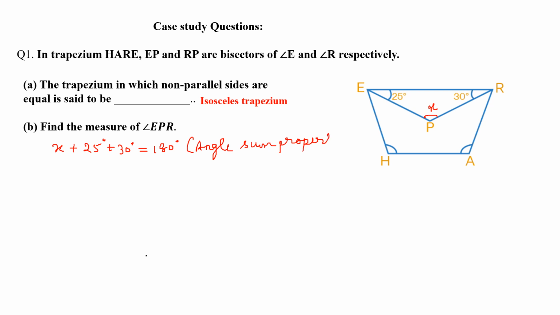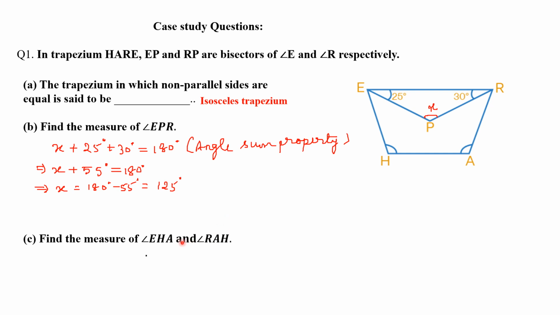You have to write the reason also for why their sum is 180 degrees. Now X plus 30 plus 25 is 55 degrees, which equals 180 degrees. So X will be 180 degrees minus 55 degrees, and if you solve it you get 125 degrees. So the measure of angle EPR is 125 degrees.